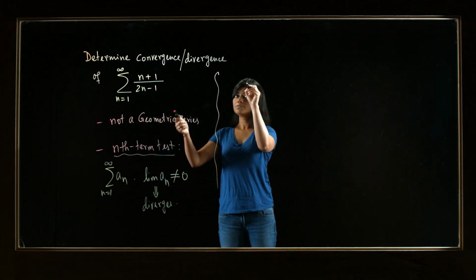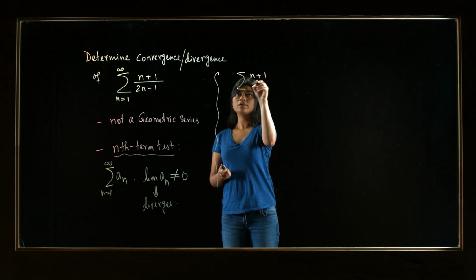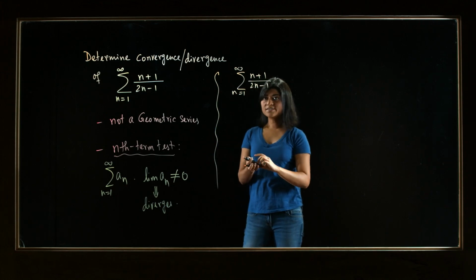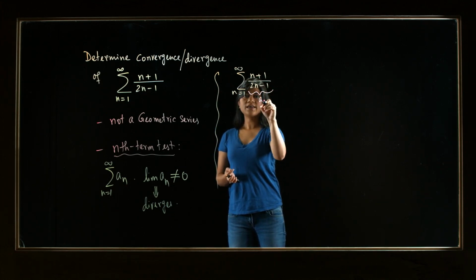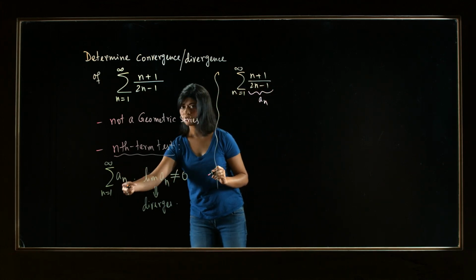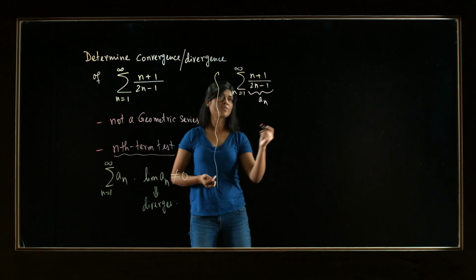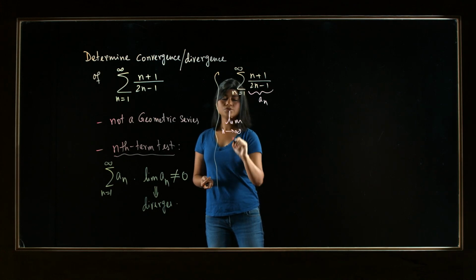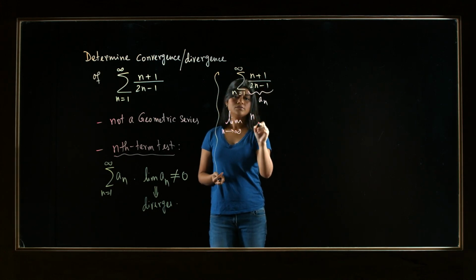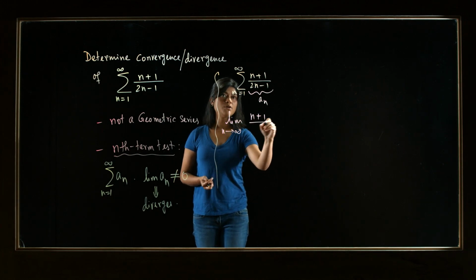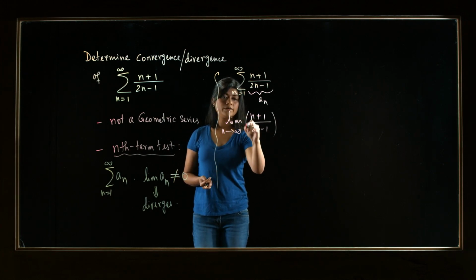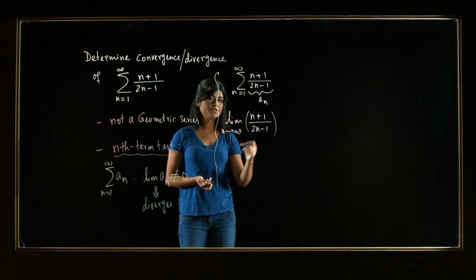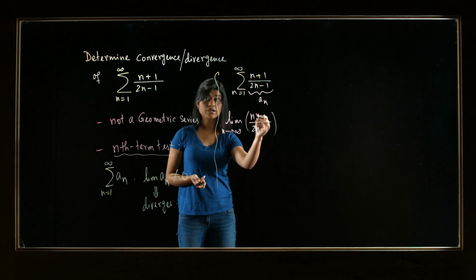So we have the series of (n plus 1) over (2n minus 1), which means this entire expression is a_n. Now let's compute the limit of a_n as n approaches infinity. So we are computing the limit of (n plus 1) over (2n minus 1) as n approaches infinity. How do we evaluate this limit? Look, there's n both in the numerator and denominator.